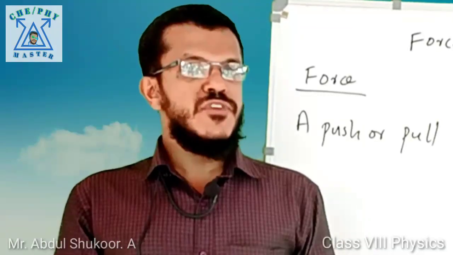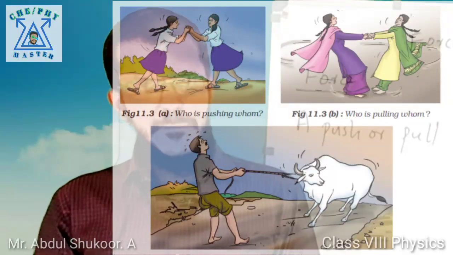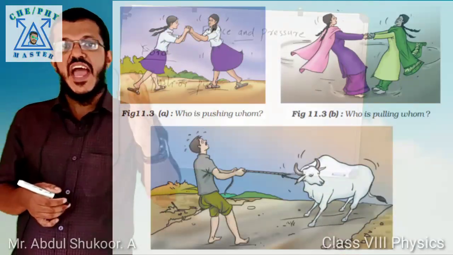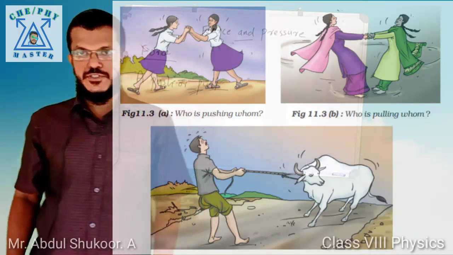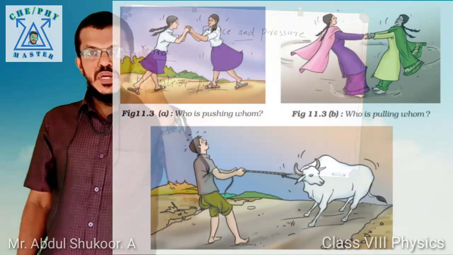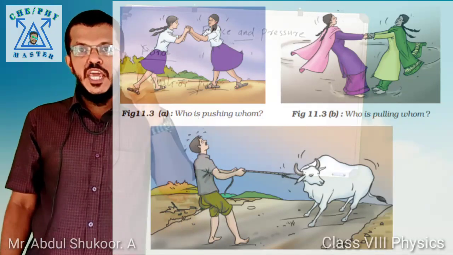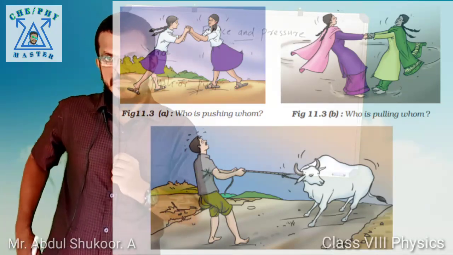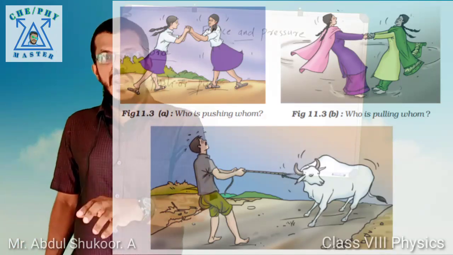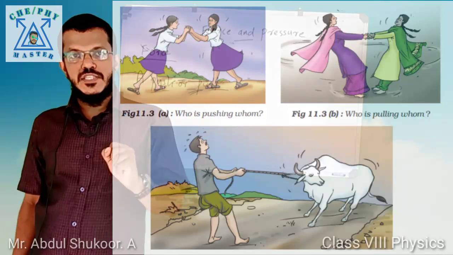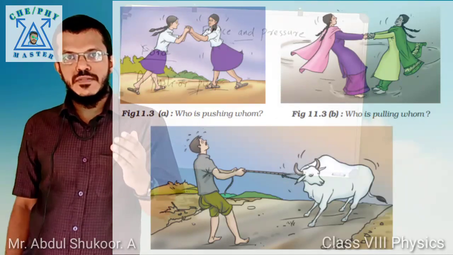Let us observe the figure given to you. There are three figures. Based on these figures, can you answer my questions? You can decide who is pulling and who is pushing. Are the two girls pushing or pulling in these two figures?